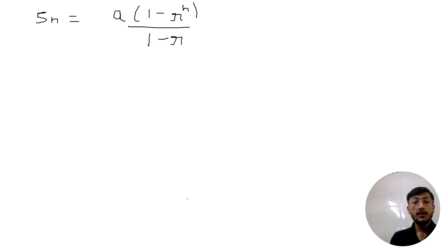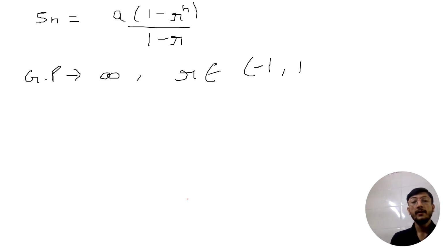But if I am talking about infinite GP, to calculate the sum of an infinite GP, the question must mention one particular thing. What is that particular thing? Let me write. Suppose they say the GP is going to infinity, and that the common ratio should lie between -1 and 1.